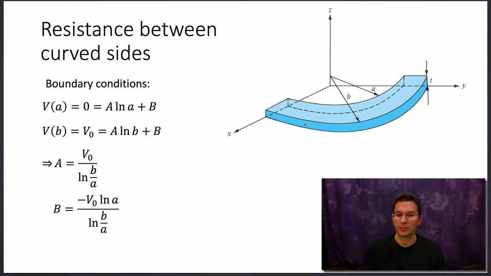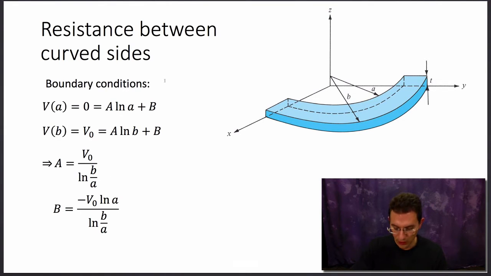Second equation, we said that our potential at rho equals b is equal to V0. So V0 is equal to A natural log of rho equals little b, plus capital B here. So this represents a system of 2 equations and 2 unknowns. When you solve it, you find out that the first unknown coefficient takes this form. The second unknown coefficient has this form right here.